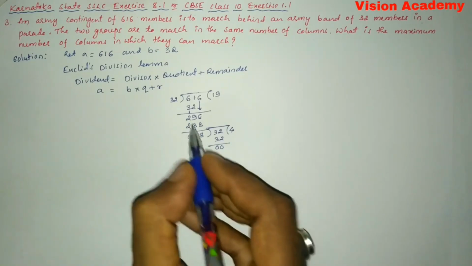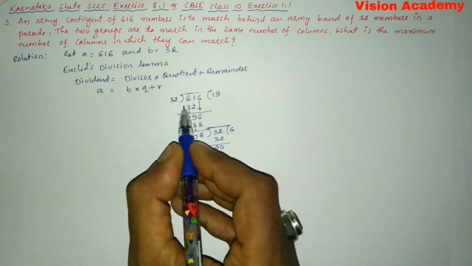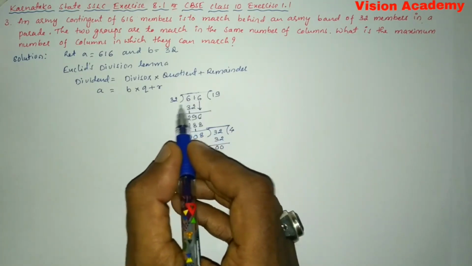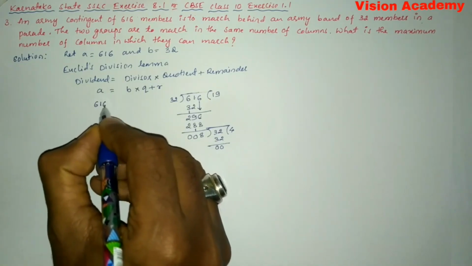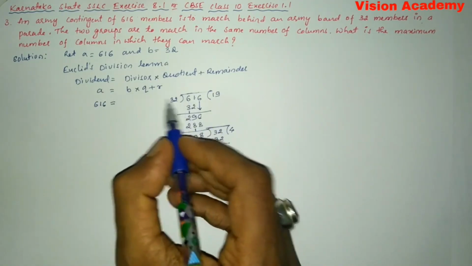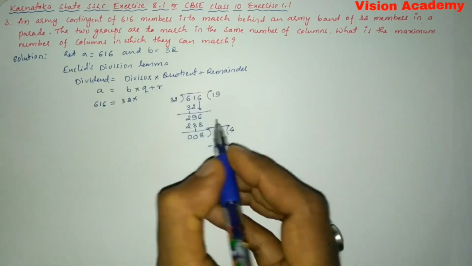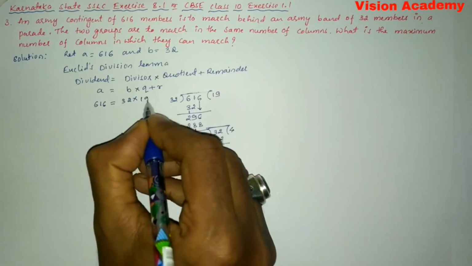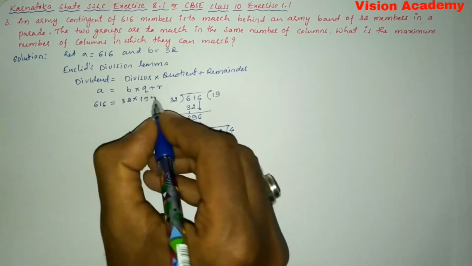Here we'll substitute the same in Euclid's division lemma. In the first step, you can see here the dividend is 616. We'll write 616 is equal to the divisor, that is 32, into quotient 19 plus remainder 296.